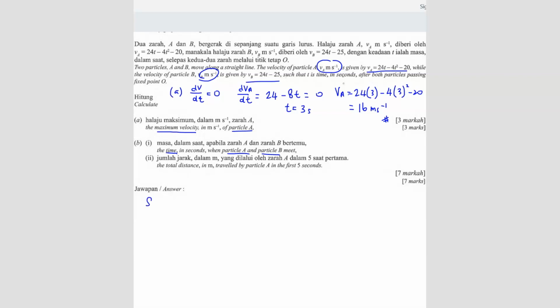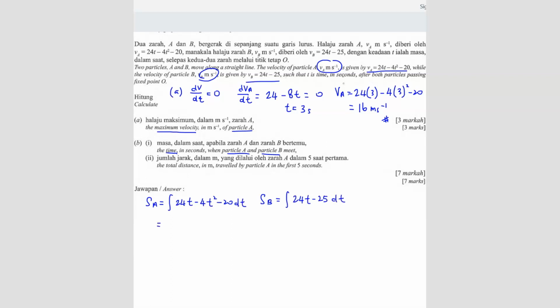So we find S first. Displacement is S, right? So SA will be integrating VA, so VA is 24t minus 4t square minus 20. Then we have to find the second one, SB. SB will be integrating VB, which is 24t minus 25.